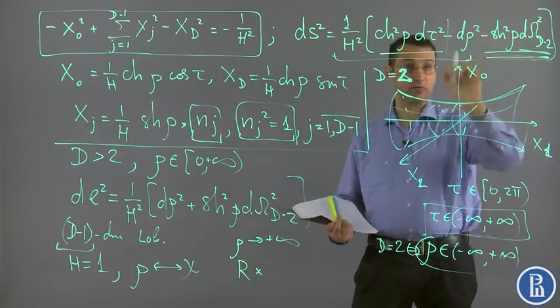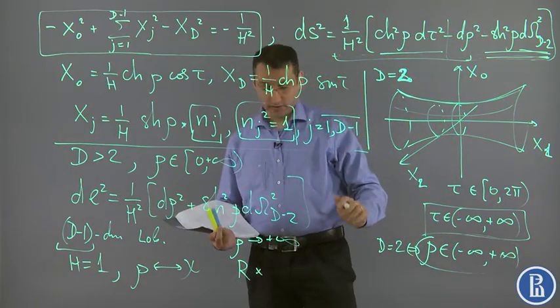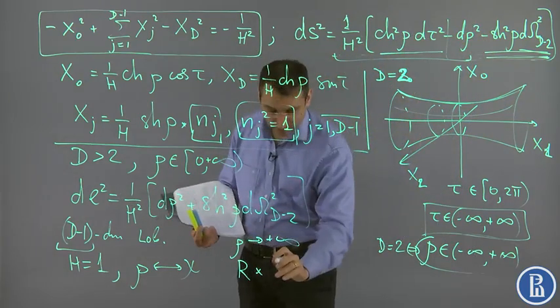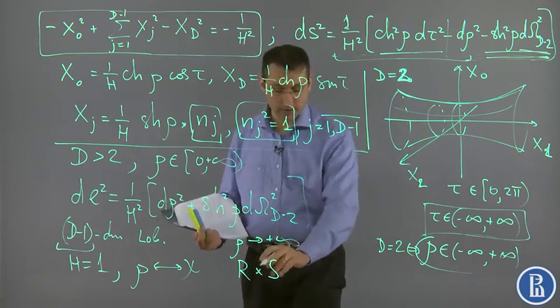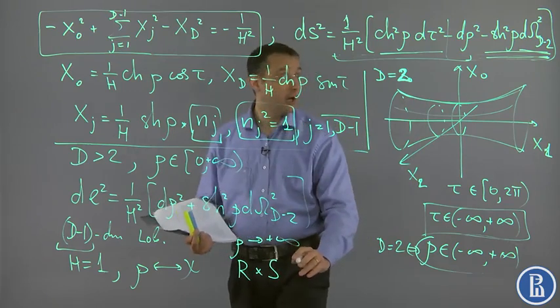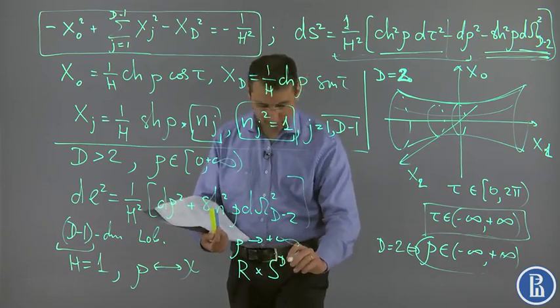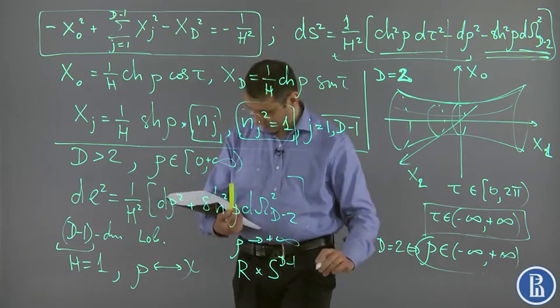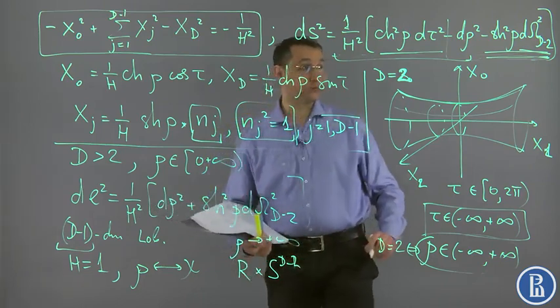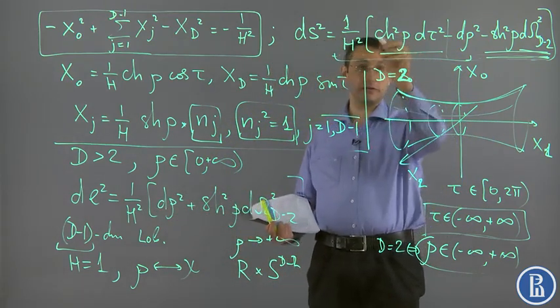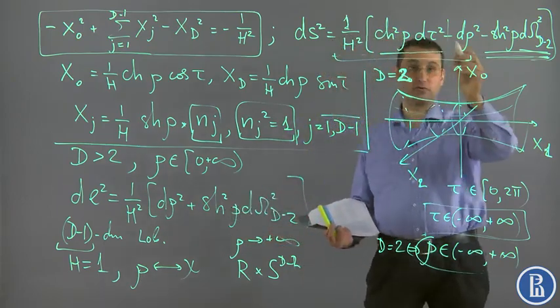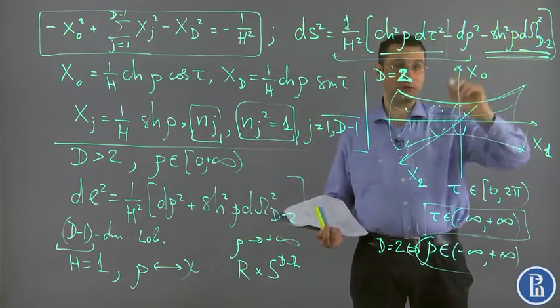When we take rho to infinity, the space that we obtain is conformally equivalent to R times S d minus 2. It is apparent from here: if we take rho to infinity, this becomes exponent of 2 rho, and this becomes exponent of 2 rho.